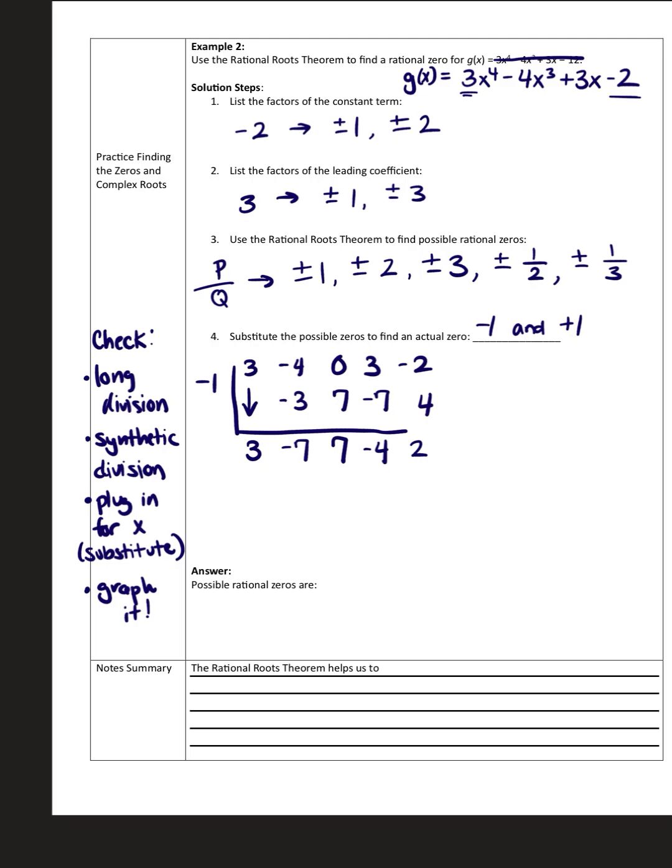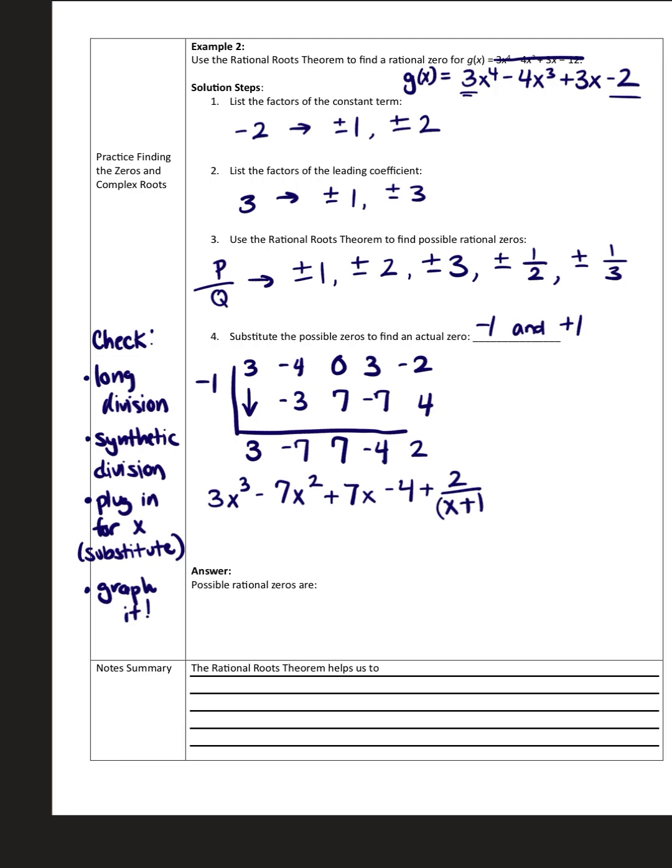So if I went ahead and checked this, this would give me 3x cubed minus 7x squared plus 7x minus 4 with the remainder of 2 over x plus 1.